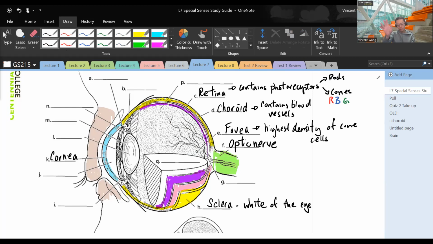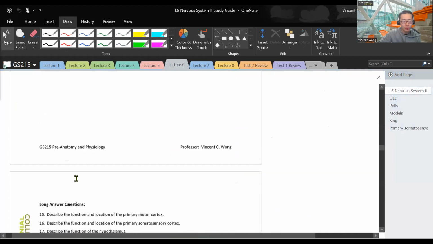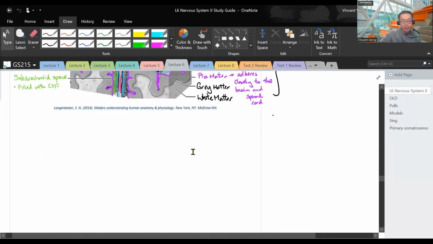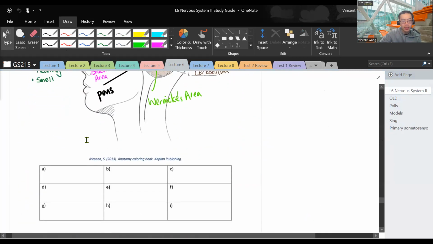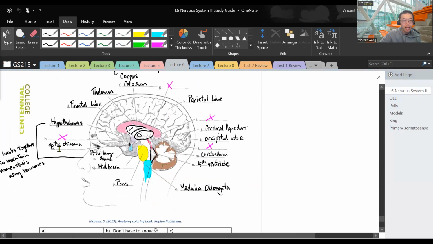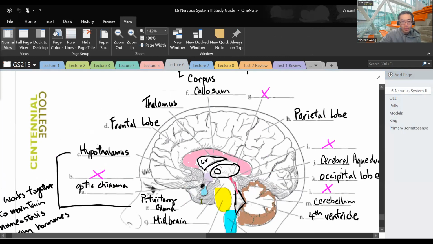I don't know if you remember this, but last lecture, we labeled something called the optic chiasma. I'm just going to show you if I can find it. It's right here in this diagram. There's a little spot here that's right in front of the hypothalamus and the pituitary gland. That's called the optic chiasma.